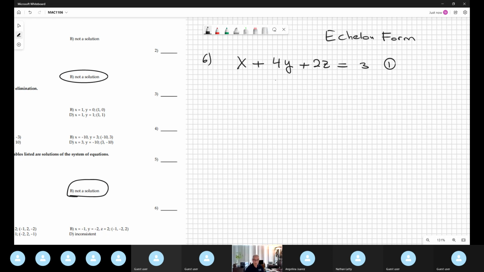The second equation, unbelievable, x is missing. And the third equation, wow, y and x are missing, so z is equal to minus 2. This is echelon because it looks like stairs, like that. So this is easy. When this situation happens, it's easy because you apply back substitution.